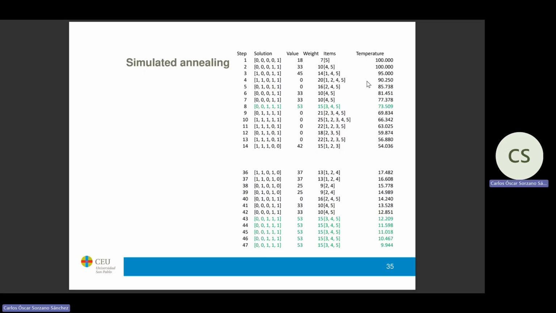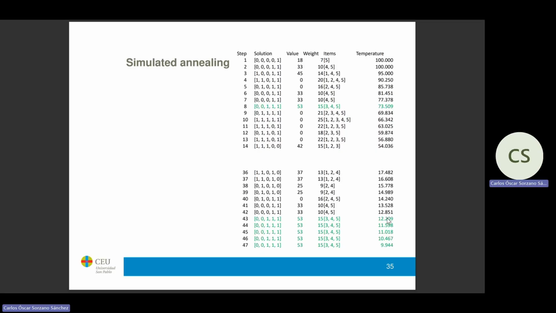And then at some point, you find the global optimum. You keep track always of that. But even if it is the best value that you have seen so far, you jump to another one that is much worse than this one, but still at this temperature, it is very likely that you take it. You see that as the algorithm progresses, actually this is not 100,000, it is 100.